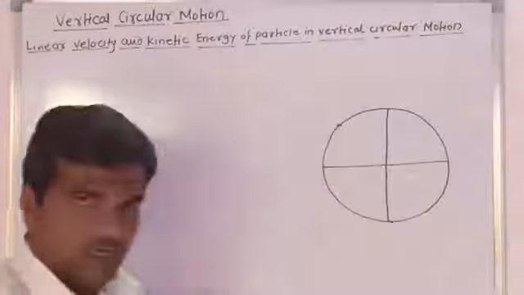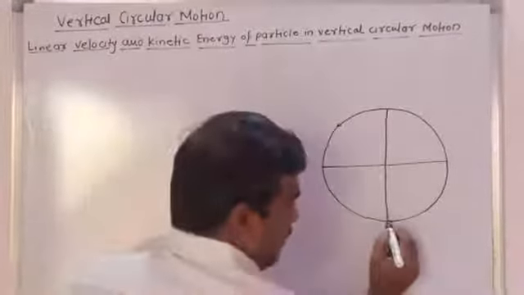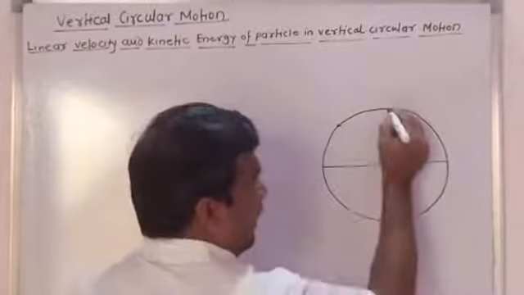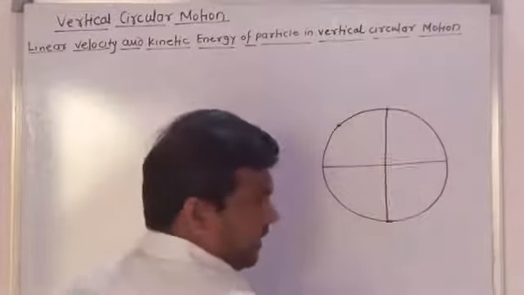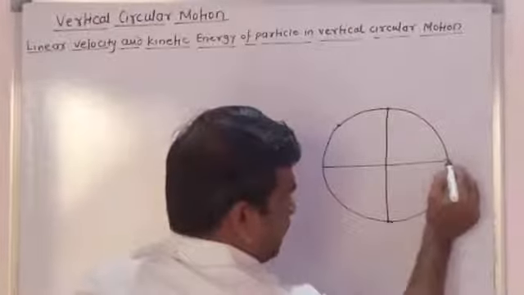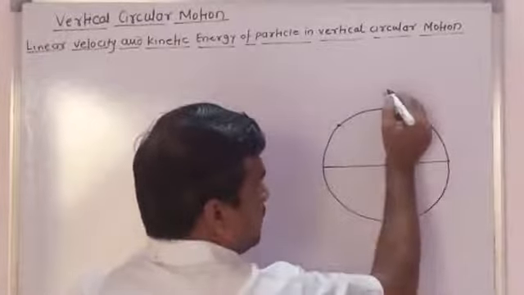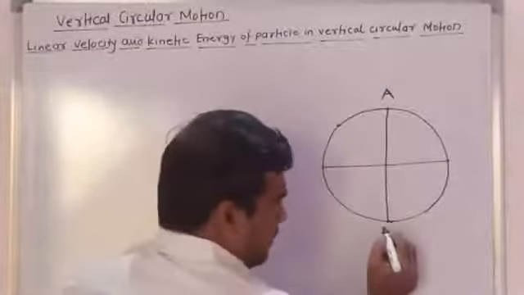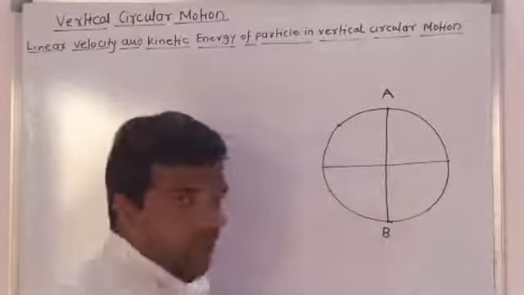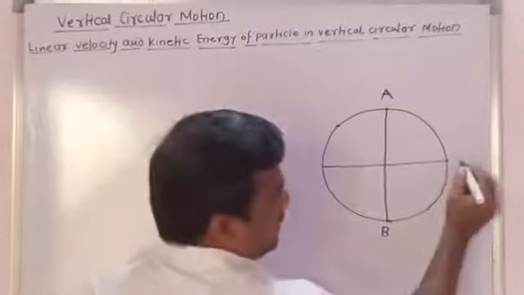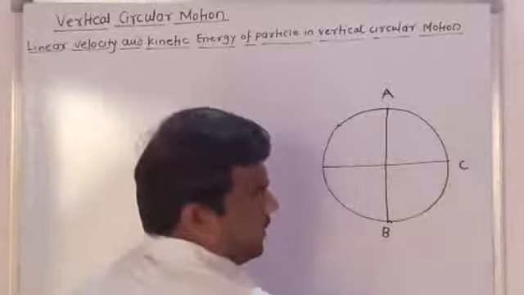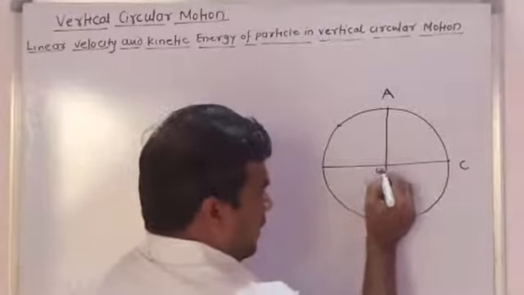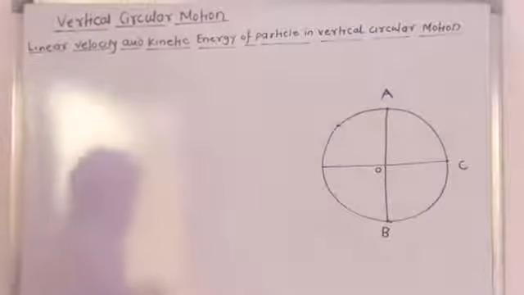This is the lowest position of the particle, this is the highest position, and this is the middle position. The highest position is represented by A, the lowest position by B, and the middle position by C. So this is the center O.